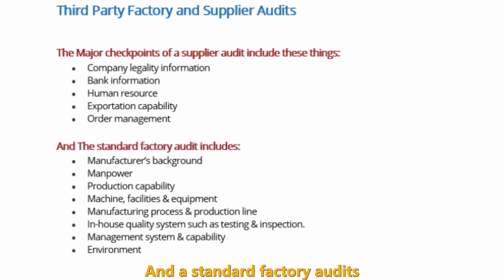And a standard factory audit includes manufacturer's background, manpower, production capability, machine facilities and equipment check, manufacturing process and production line, in-house quality systems such as testing and inspection, the management system and capability, and the last one is the environment.